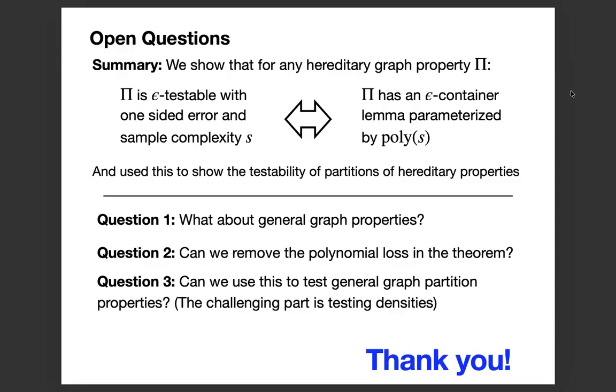It's a good thing to know because, in general, the problem with characterization is that for every graph property that is epsilon testable, you can just replace the right side by saying pi is epsilon testable, or pi has an algorithm that samples these many things and does this.